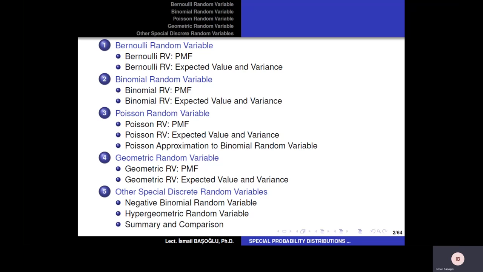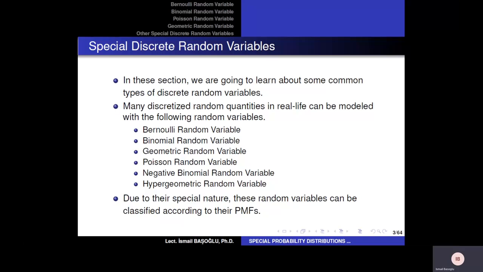In addition to those, we are also going to learn about the negative binomial random variable and the hypergeometric random variable. In this list of special discrete random variables, we can say that all of these random variables can be classified according to their probability mass functions, as they have a special construction.